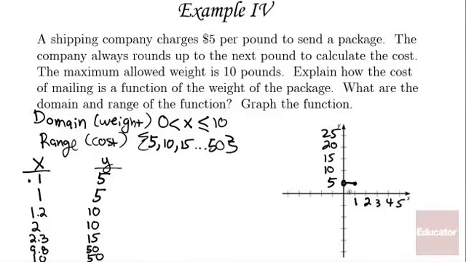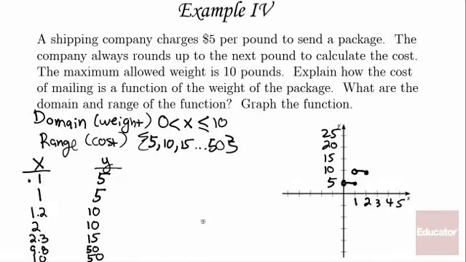If I have half a pound on my x here, it's $5. If I have 2/3 of a pound, it's $5. Then, when I get to slightly over 1 pound, so there's an open circle, they're charging me $10. If I have 1.2, 1.3, 1.4, all the way up to 2, $10.